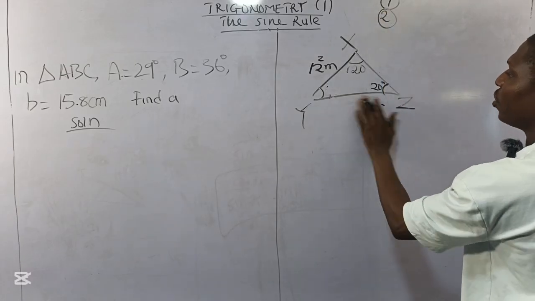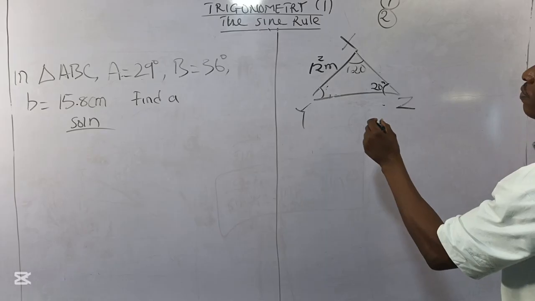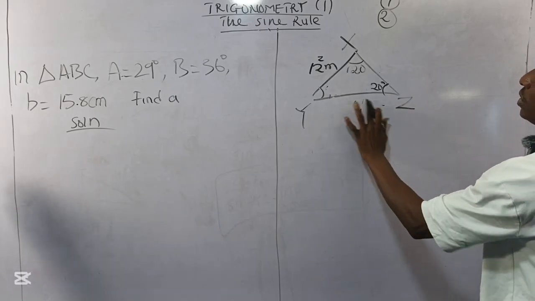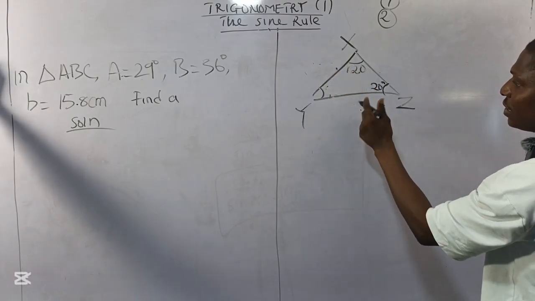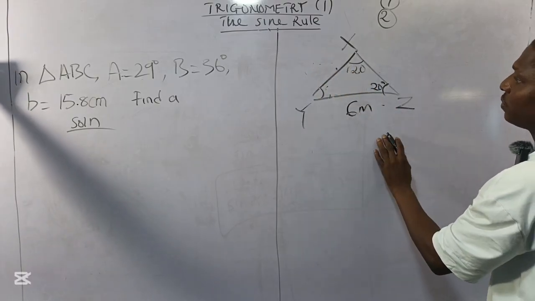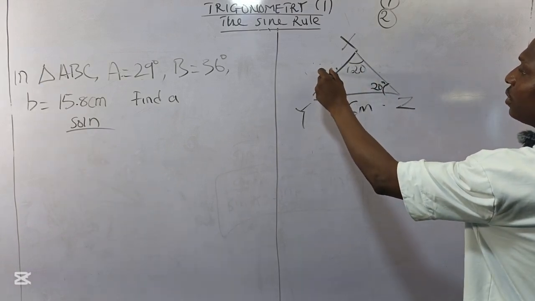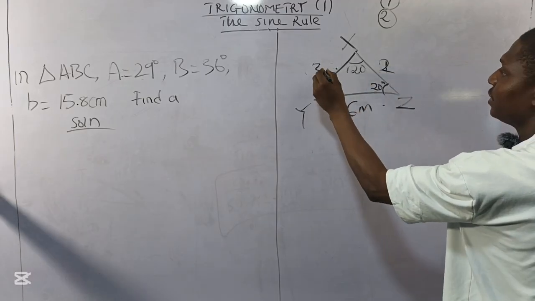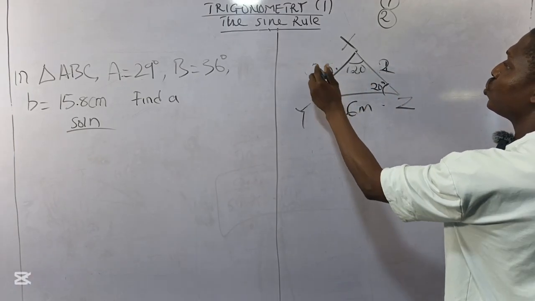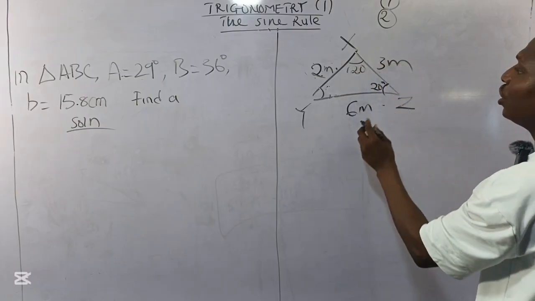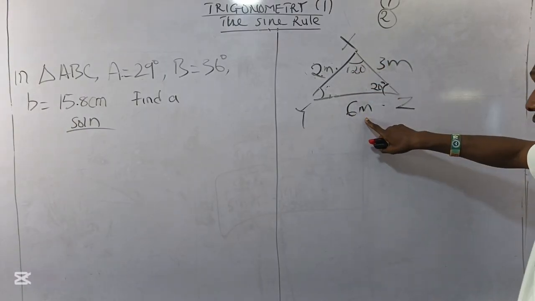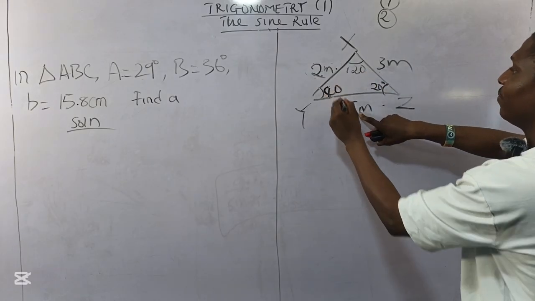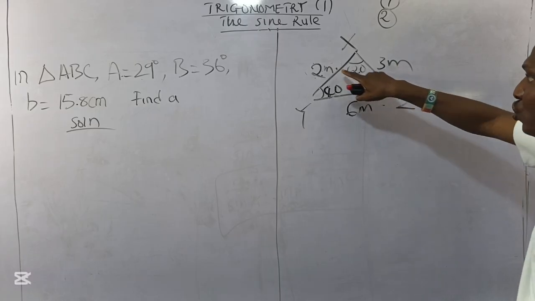And third, if I have this, for instance, and here is 12 meters, here happens to be 4 meters. Okay, let me use it the way it is. If this is 6 meters, and let me say this is 2 meters, and this 3 meters, which is good to go. Why? This is the biggest angle, so it's the biggest side. And this 40 follows before the least, which is 20.